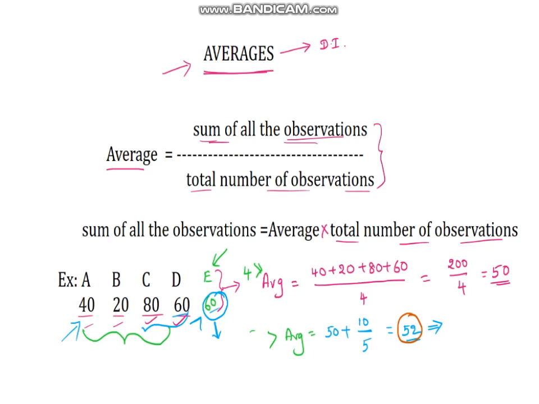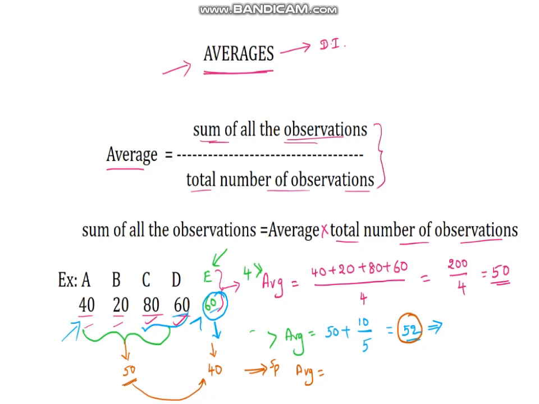In the same way, let us take his weight as 40 kgs. At that time, the average of 5 people, see here, we know 4 people's average is 50. The fifth person's weight is 10 less than the average.